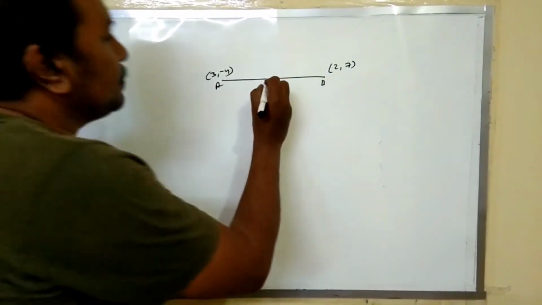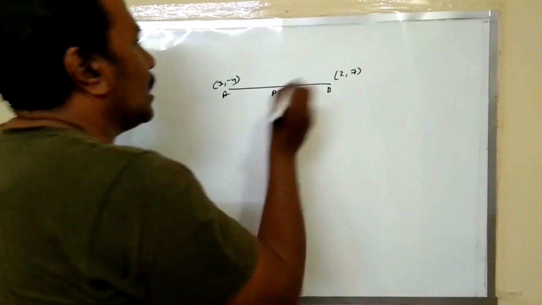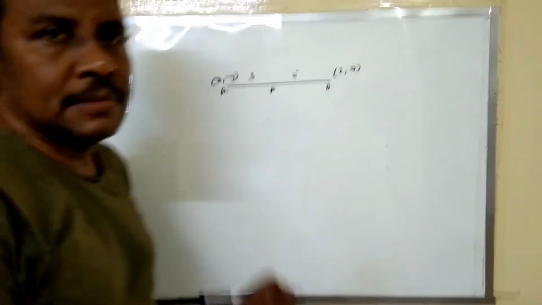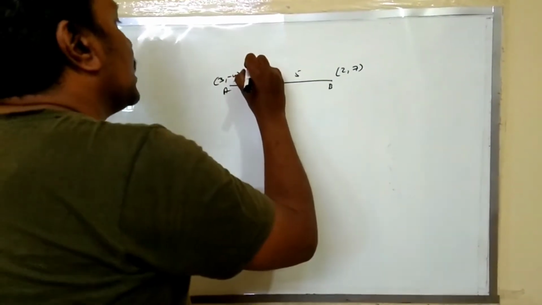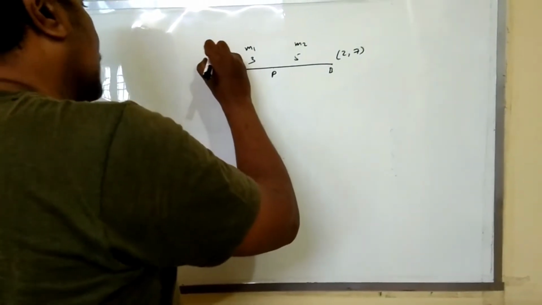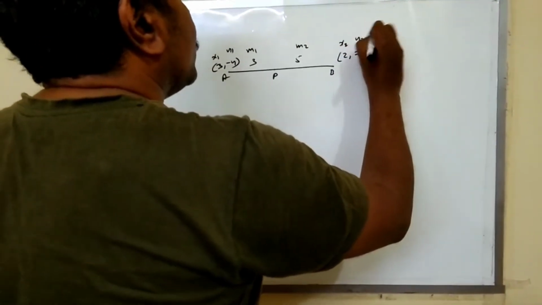Here you take a point P dividing the line segment in the ratio 3:5. This is taken as m1 and this as m2, and this is (x1, y1) and this is (x2, y2).